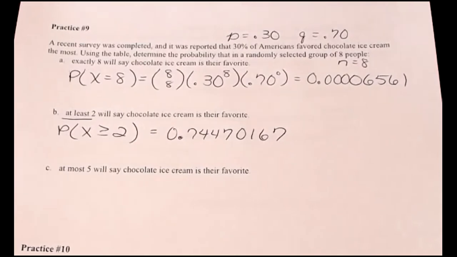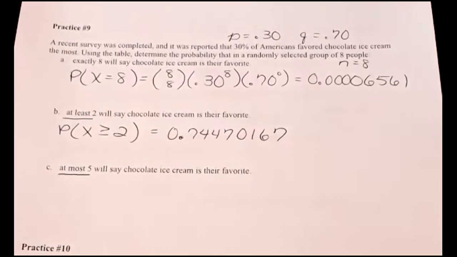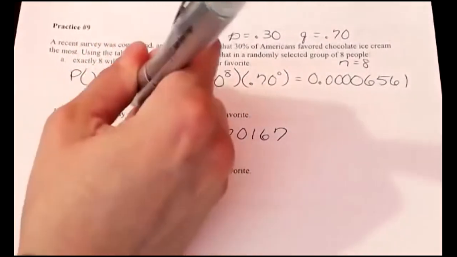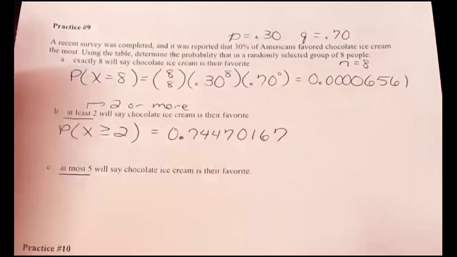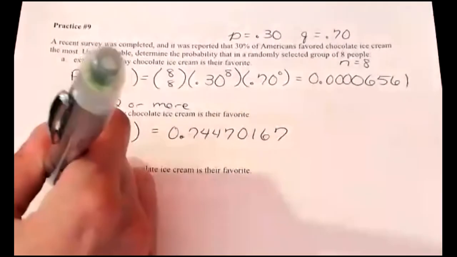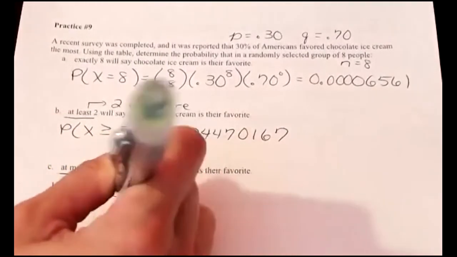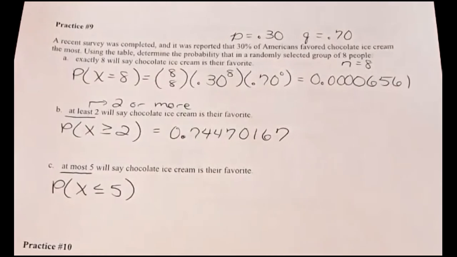For the last one, at most 5. What does that mean, at most 5? Everything below 5. Does it include 5? Yes. So we would write that as a probability that X is less than or equal to 5. Go ahead and try this out now.